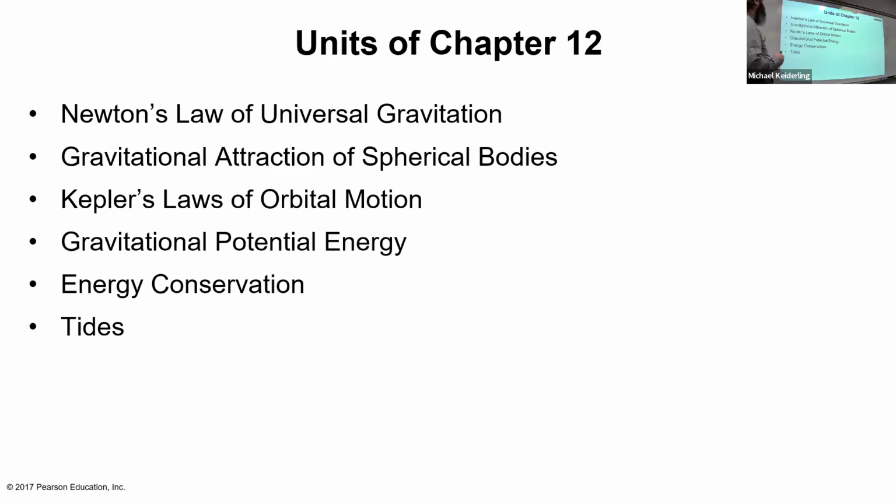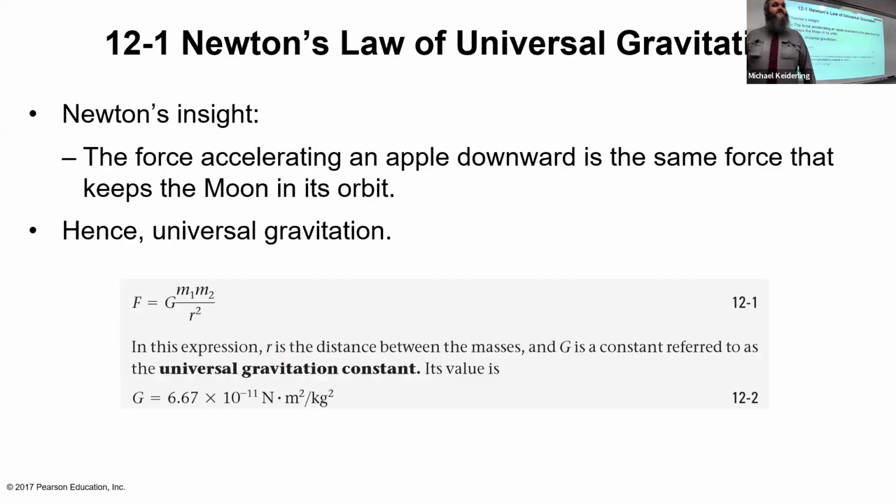We'll start by talking about Newton's law of universal gravitation and the gravitational attraction of spherical bodies, and Kepler's laws of orbital motion, gravitational potential energy, conservation of energy for gravity, and tides. I'll skip through the problems.